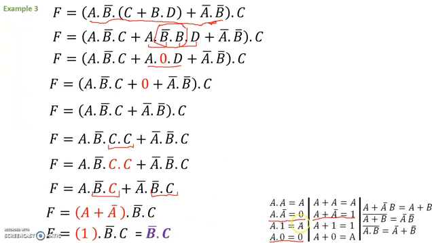So I have 1 ANDed with not B, C. And we are left with just not B, C. So wow, we used all four of the AND rules in this particular example. So this Boolean expression we started out with simplifies simply to not B, C.